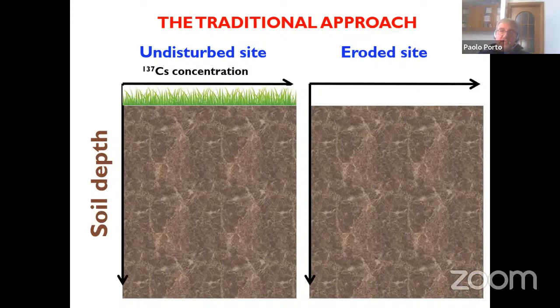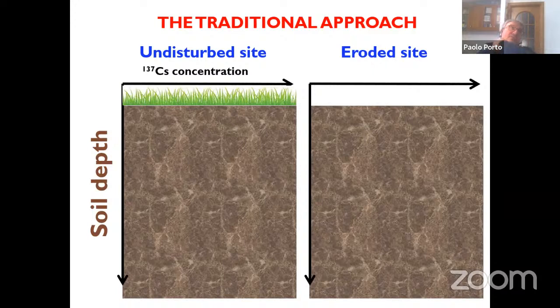That means that you need to select in your area a flat area, or the top of a hill, for example, where you don't have soil erosion or soil movements, okay? So assuming that you are sure that all the cesium that came with the fallout from the nuclear experiments is there, this is called the reference location, or undisturbed site, or reference site.